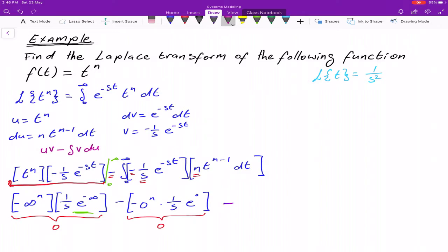So we have plus the integral between 0 and infinity.